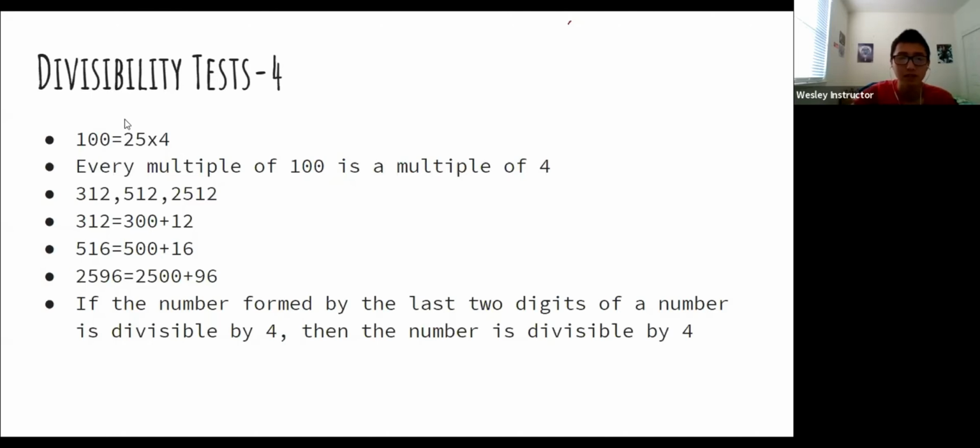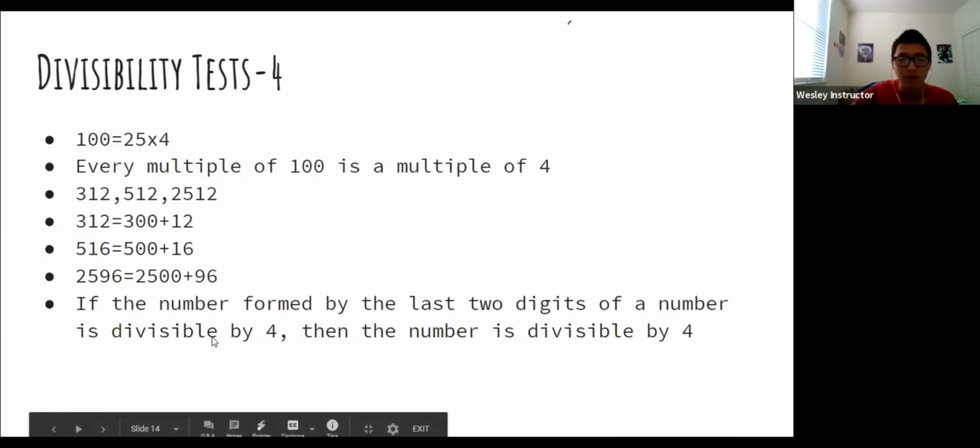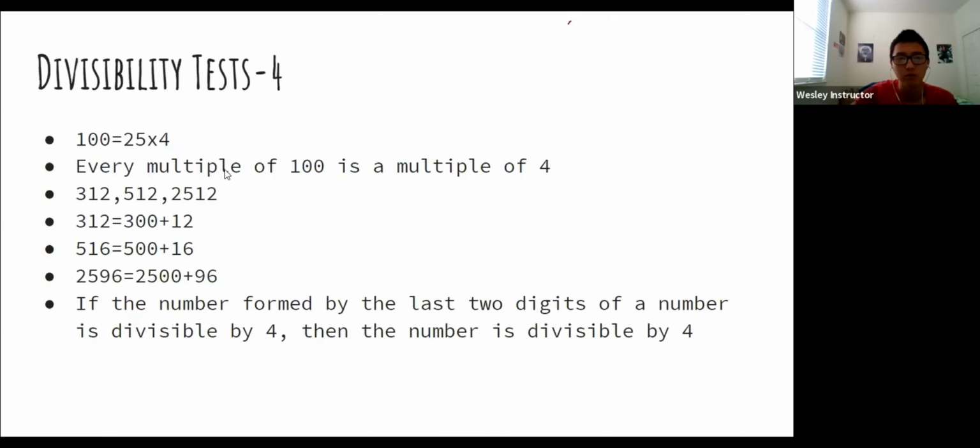This is because we can split up these numbers. For example, 312 is 300 plus 12. We know every multiple of 100 is a multiple of 4, because 100 equals 25 times 4.